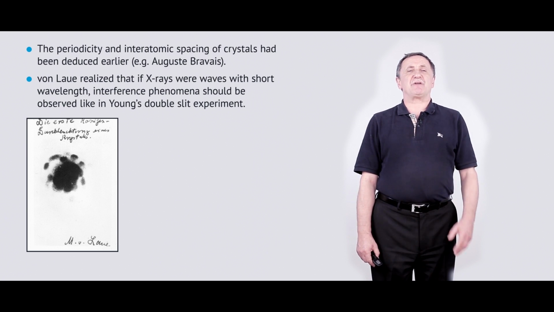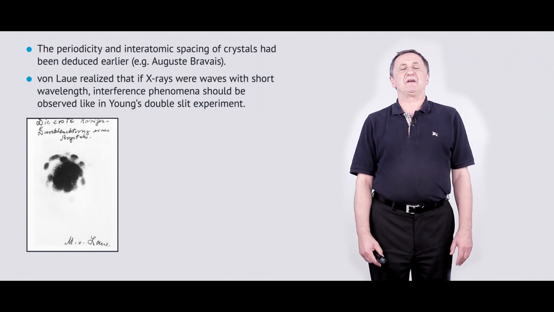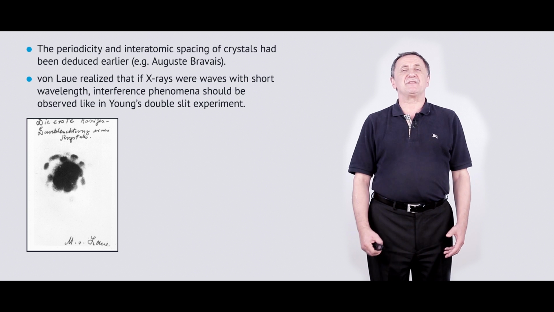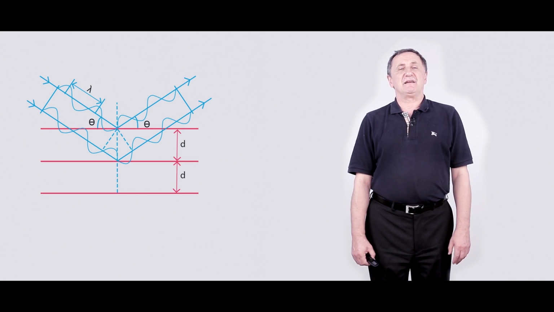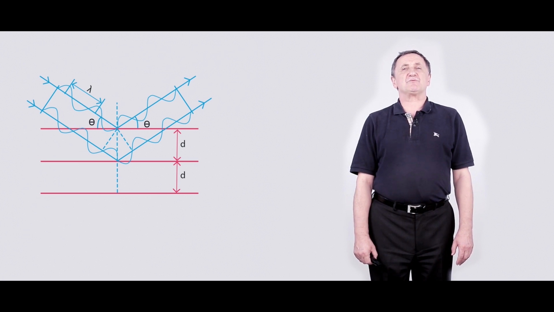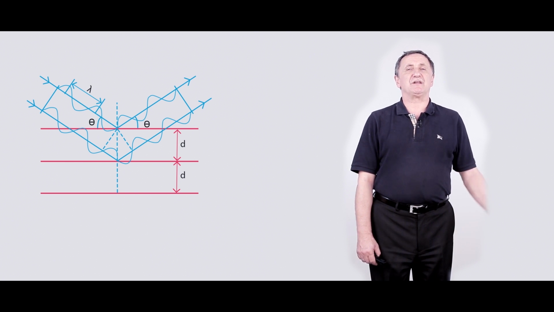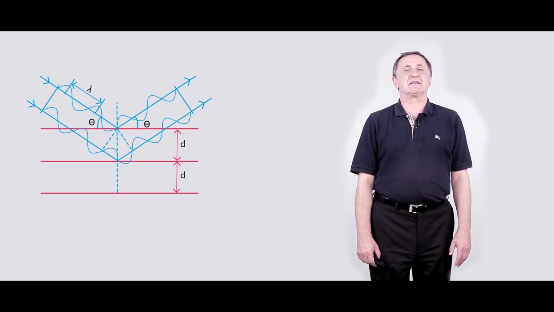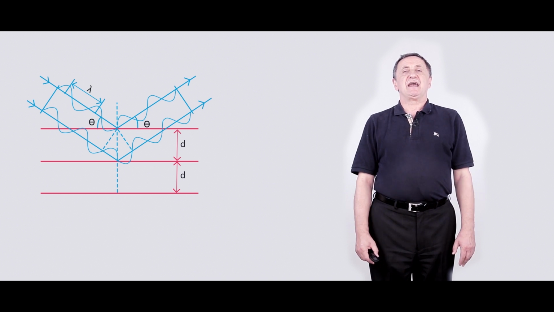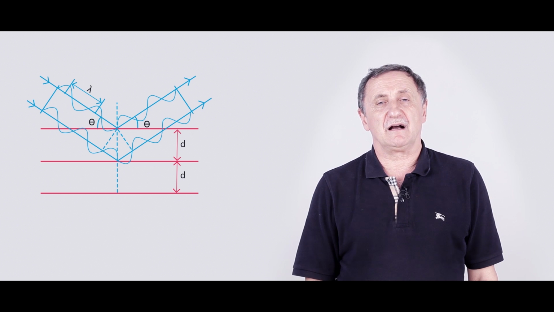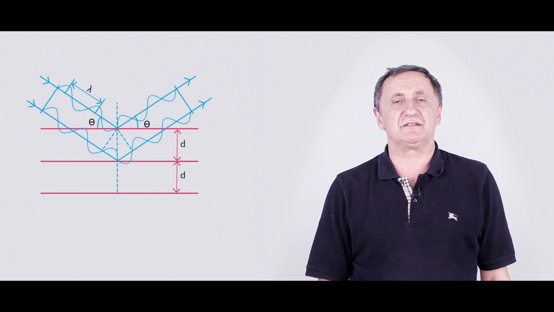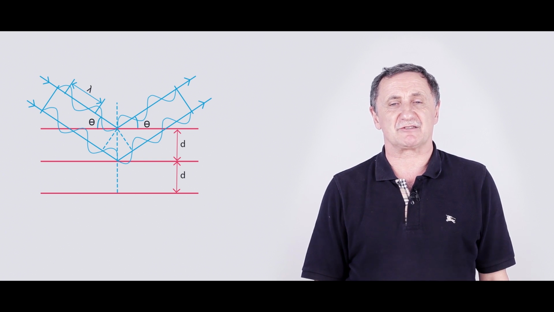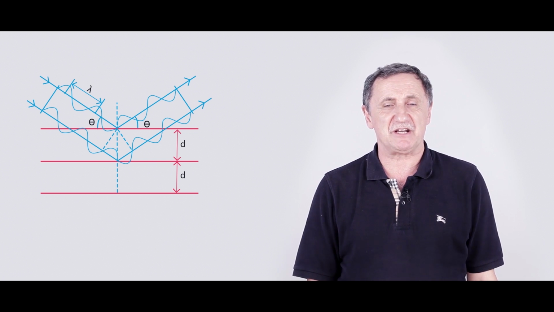Knowing that the wavelength of the X-ray is comparable with the distance between atoms in this crystal structure, Max von Laue suggested that you can use X-ray to repeat, in some sense, Young's double slit experiment, and to obtain the interference picture by passing the X-ray through the crystal structure of any kind of material.